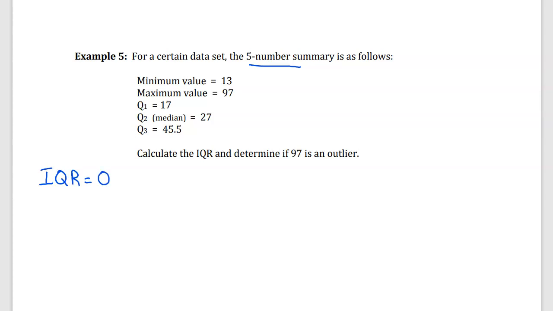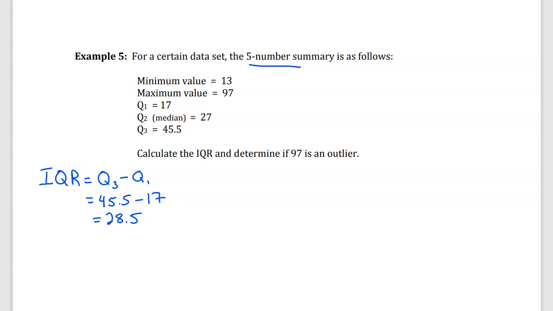IQR is Q3 minus Q1. So Q3 was 45.5 minus 17. So 45.5 minus 17 will give us a 28.5. So that's my IQR.